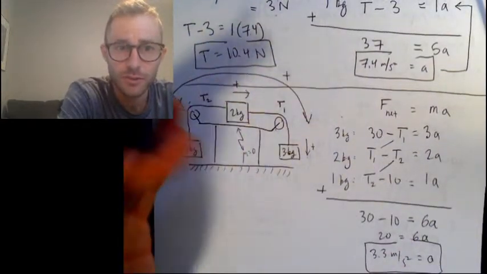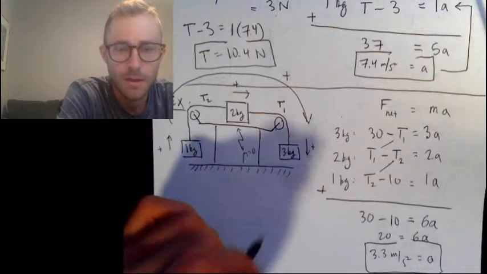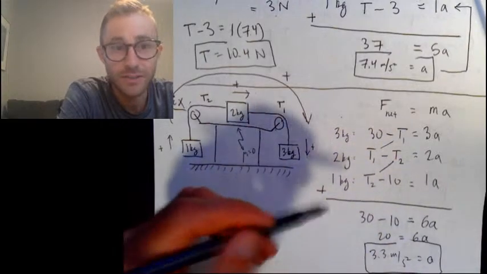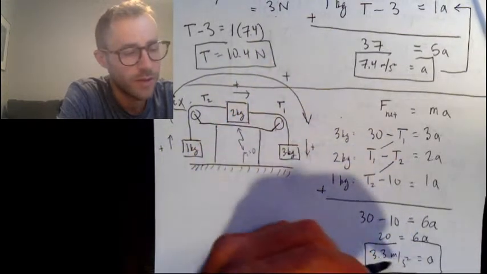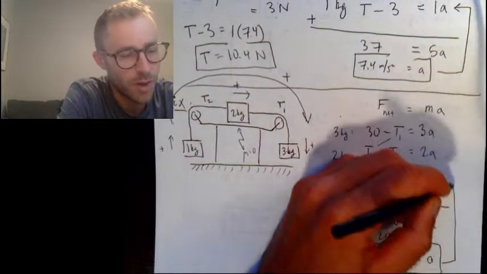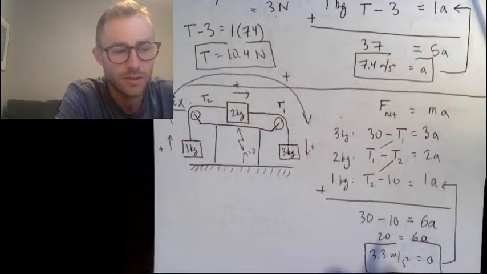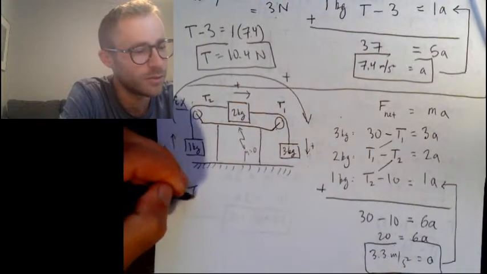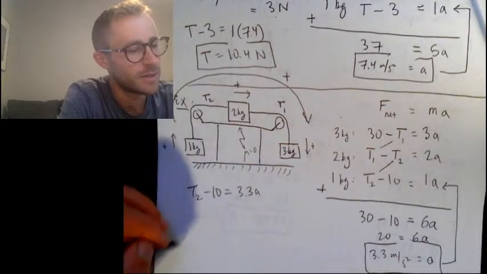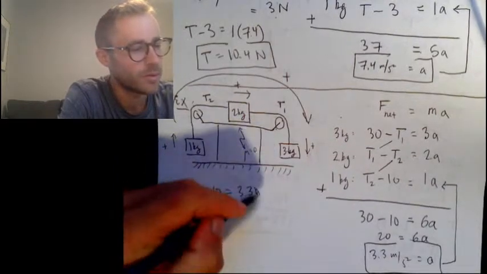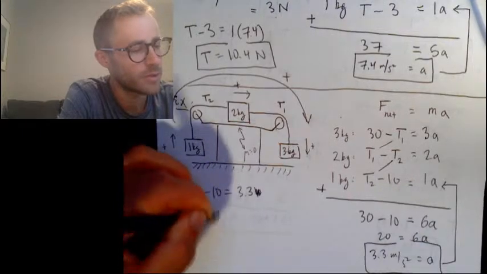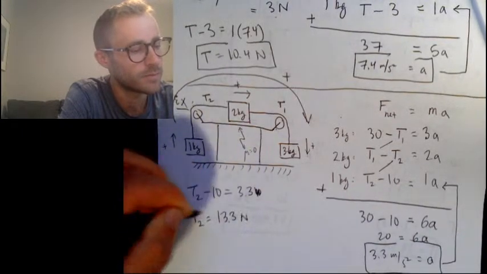To get the tensions, we plug it into each equation. I would probably plug it into the bottom equation to solve for T2, because I would have T2 minus 10 equals 3.3 times 1. So that tells me that T2 is 13.3 newtons.